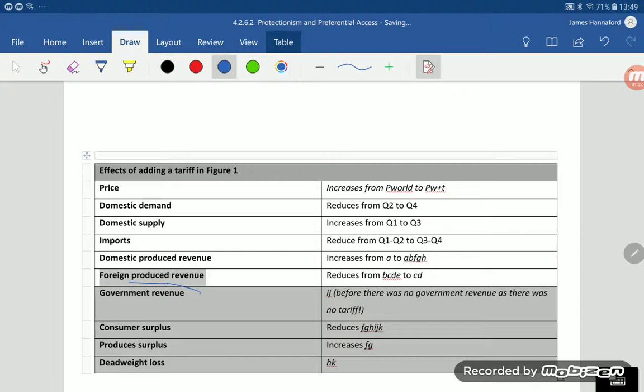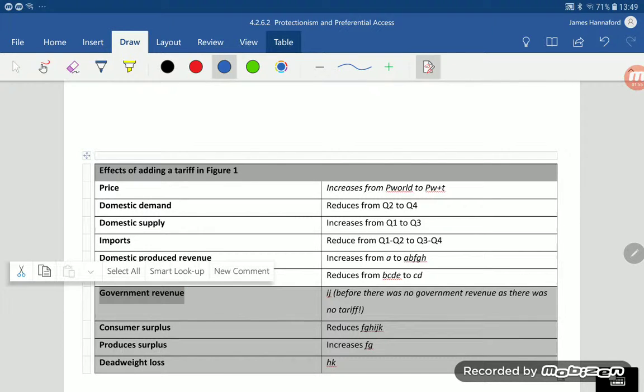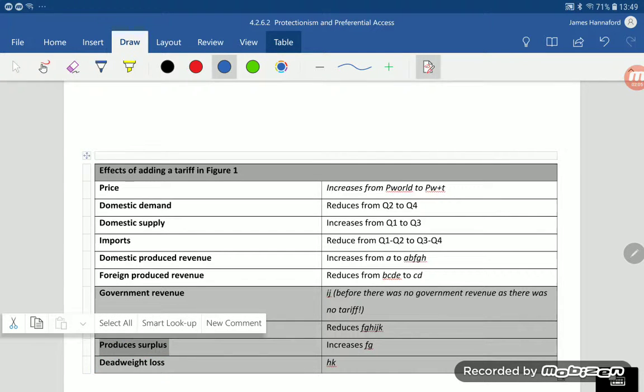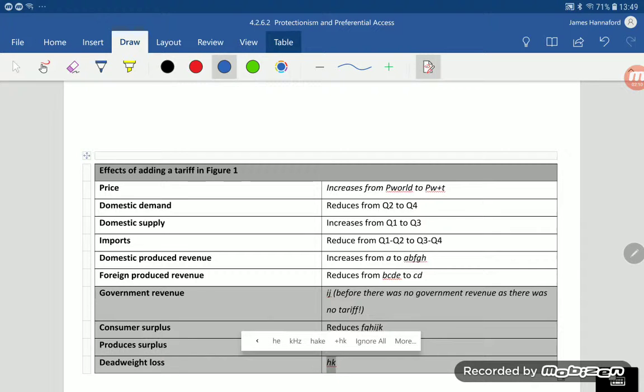The government is now better off because it's getting tariff revenue. Bad news for the consumer because they're paying higher prices. Again, good news for the domestic producer because they're benefiting from the higher prices at the expense of the consumer. But overall, the deadweight loss of H and K means it's bad news. A tariff leads to a deadweight loss.